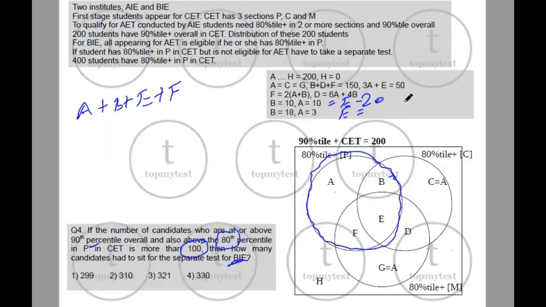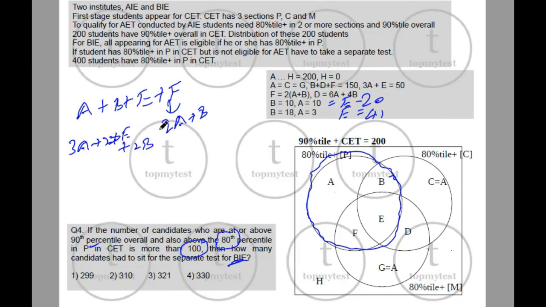Here E came out to be 41. Let's see how much B is. B is a separate value. F is twice A plus B. If I add this, you'll get 3A plus E plus 2B.